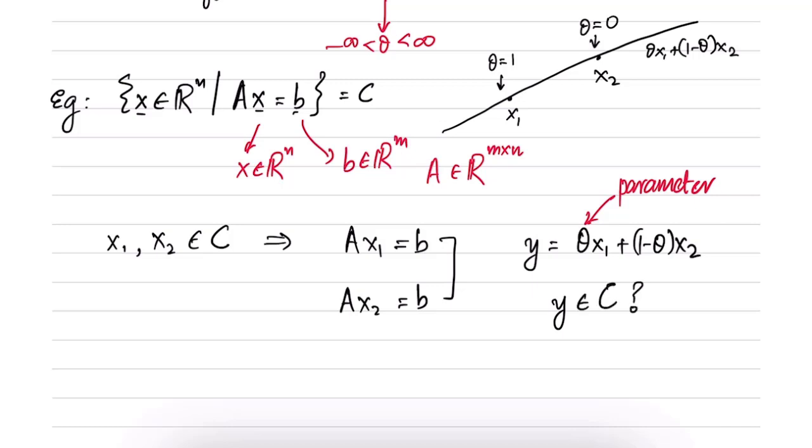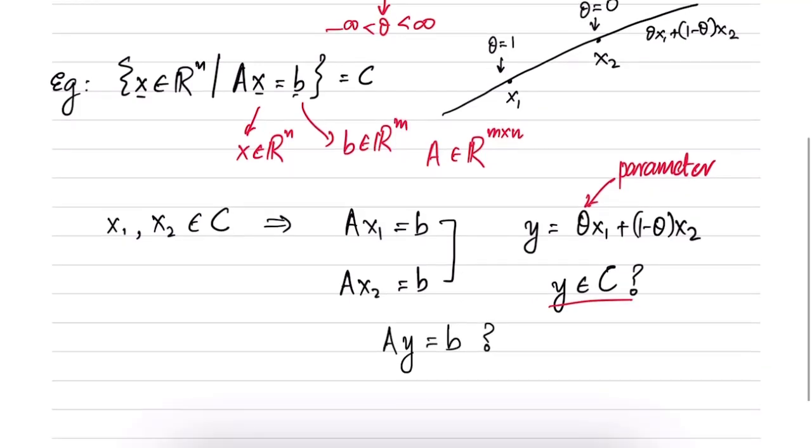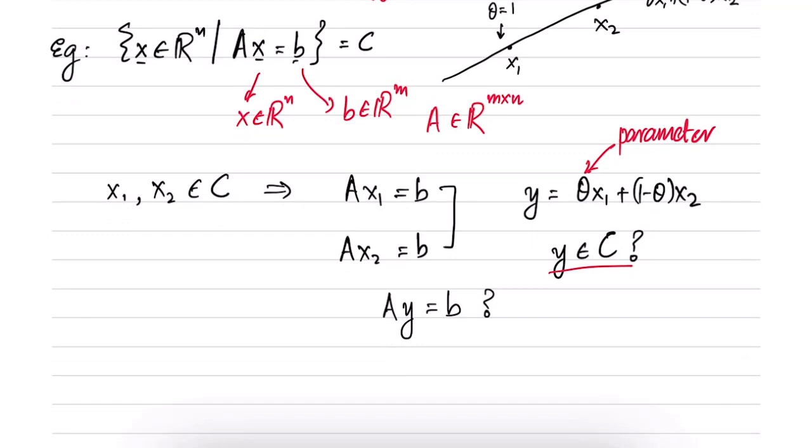Now to answer this question, we need to check whether Ay is equal to b. So this is easy to check. We just substitute the definition of y. So we replace y with A times theta x1 plus 1 minus theta x2, and the question is whether this is equal to b.